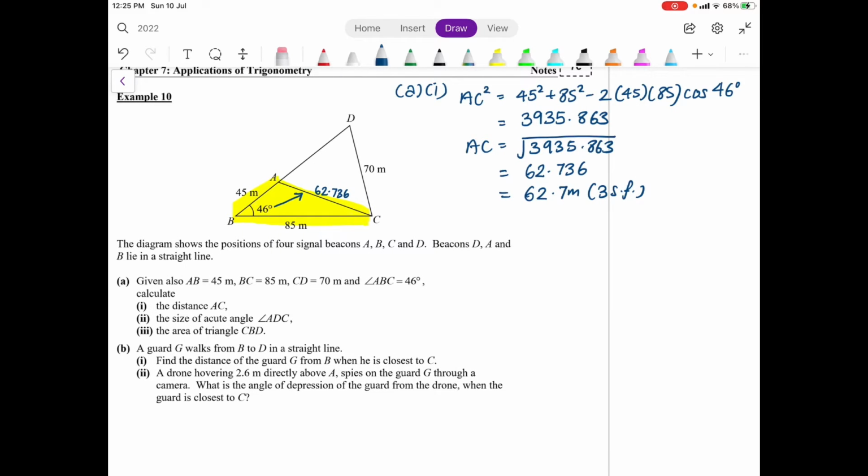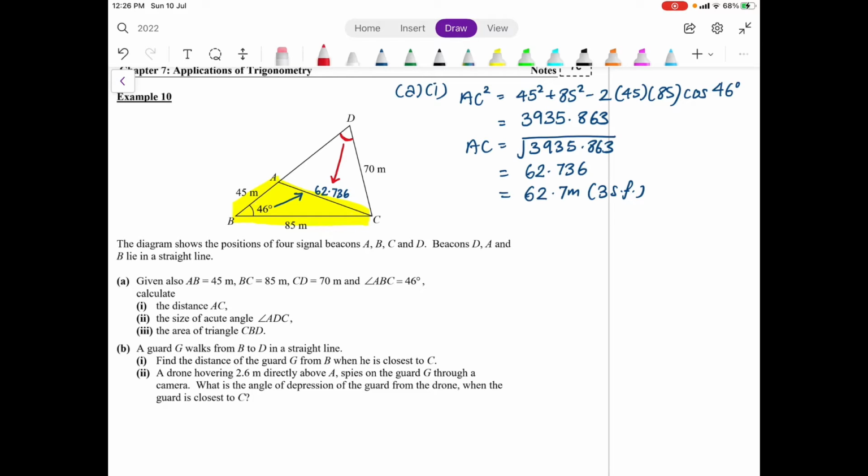Now let's look at part 2. The size of acute angle ADC. ADC, let me change the color. ADC is this. It is facing AC, 62.736. What else do I know? I have 46 degree.